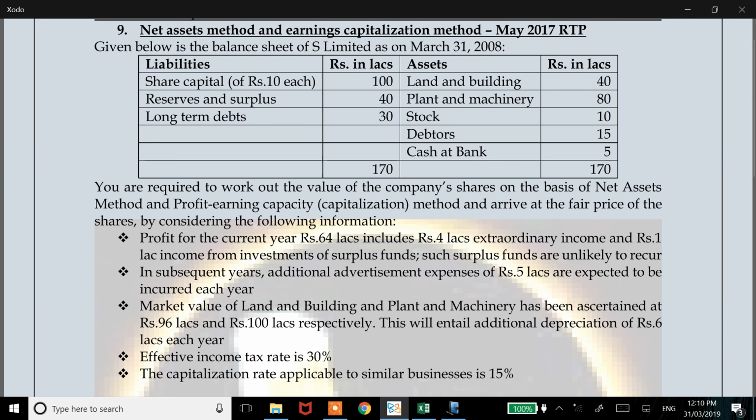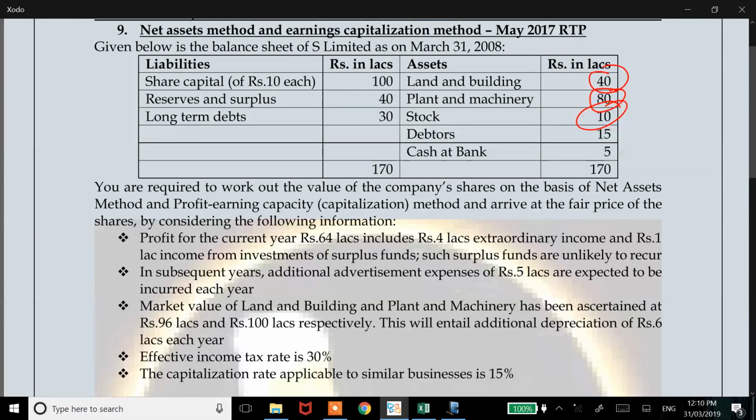Let's do question 9. In this, I'm going to do net assets method as well as earnings capitalization method. Net assets method is very simple. Instead of writing this to be 40 lakhs, I'll write some other number if they give me extra data. It's not 80, it's going to be some other number. Similarly, it's not 10.